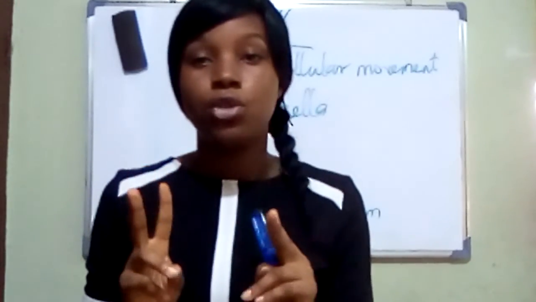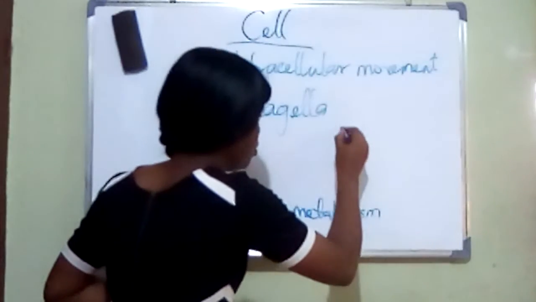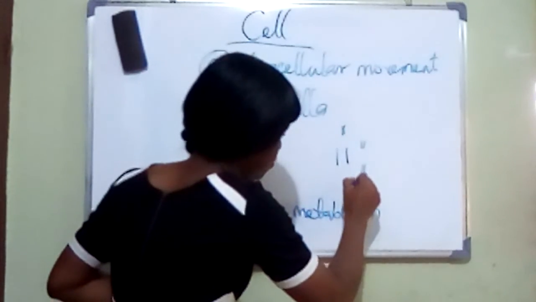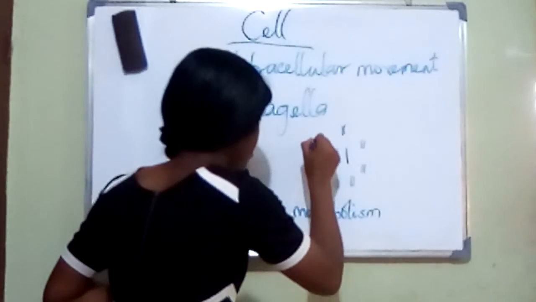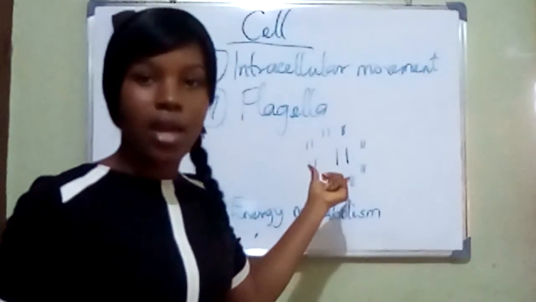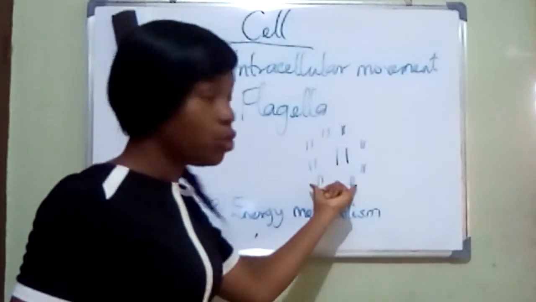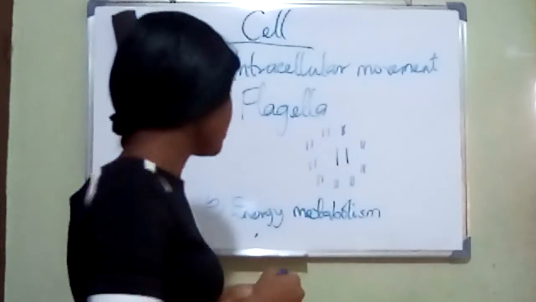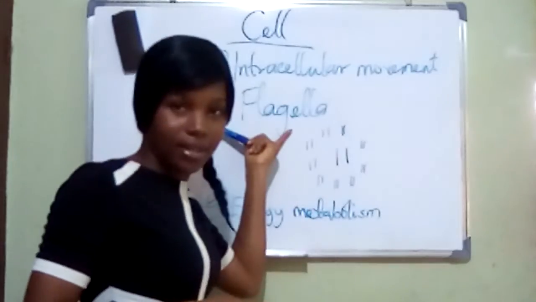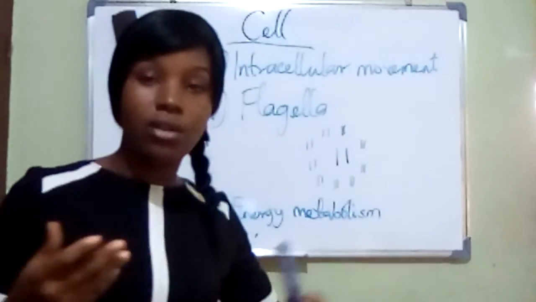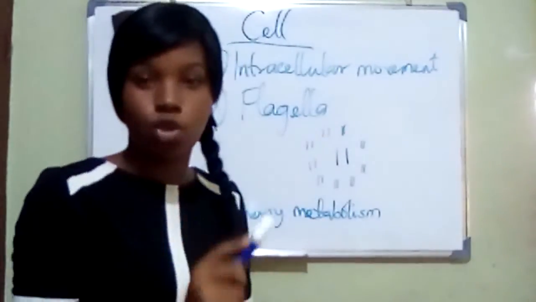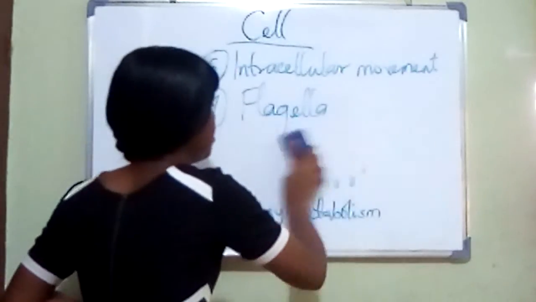Two single microtubules are surrounded in a circular manner by 9 pairs of microtubules. That is 2 surrounded by 1, 2, 3, 4, 5, 6, 7, 8, 9. This is called the 9 plus 2 microtubule structure. Now, in prokaryotic flagella, you don't find this structure. The flagellum is just a helically shaped structure, not like this. So this is a major difference between them.